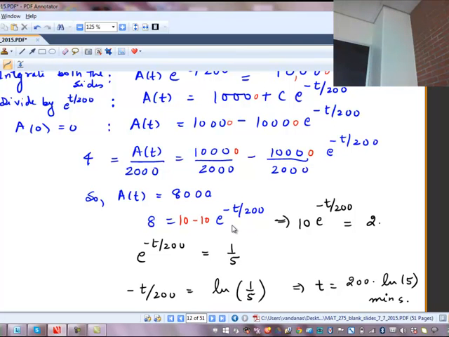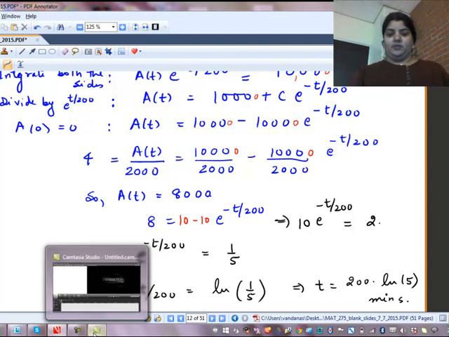Those who were in my previous class will know this: what is the integration of 1 over x ln of x? I want everybody to do this integration for me in class today. 1 over x ln of x dx. It's not tough, you can do it.